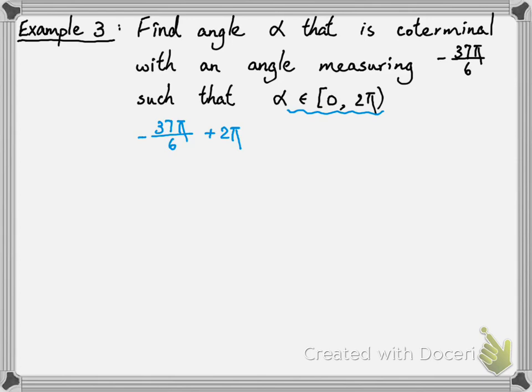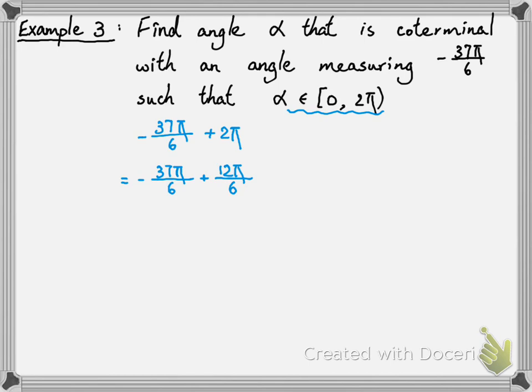In this case, we need to have the same denominator, so we will have negative 37 pi over 6 plus 12 pi over 6. As we perform the arithmetic of this expression, we find that the answer is still negative.